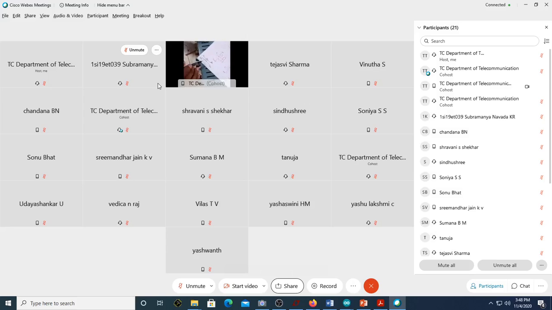Can you make this out? This is switch A, this is switch B, correct?